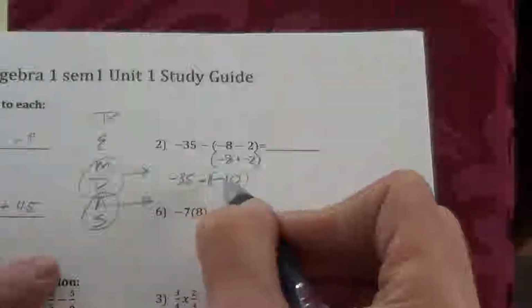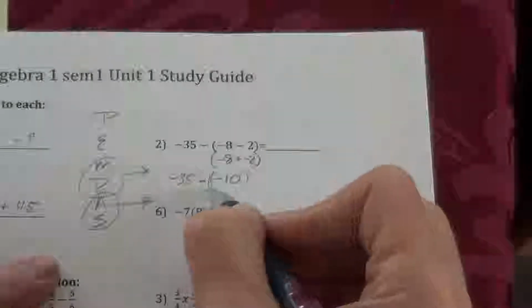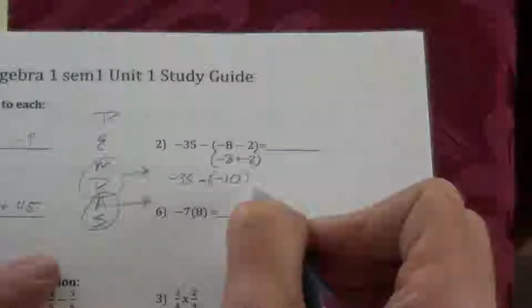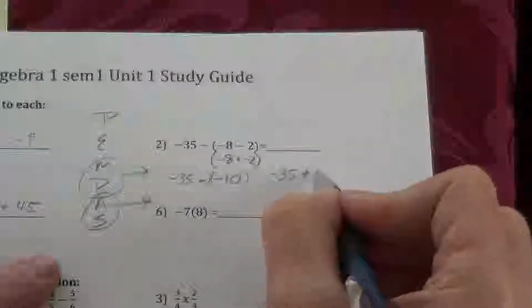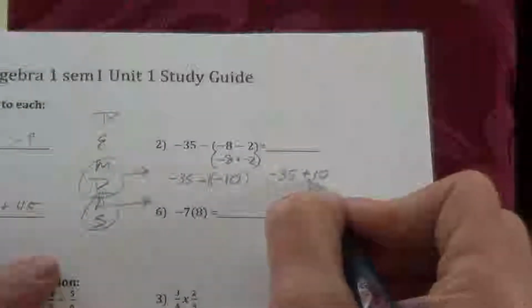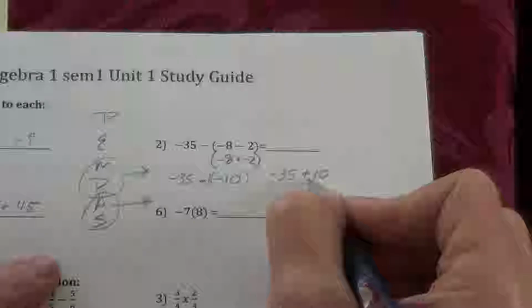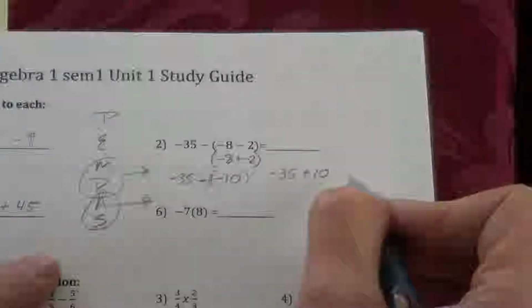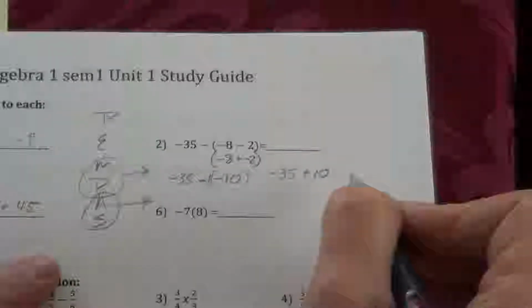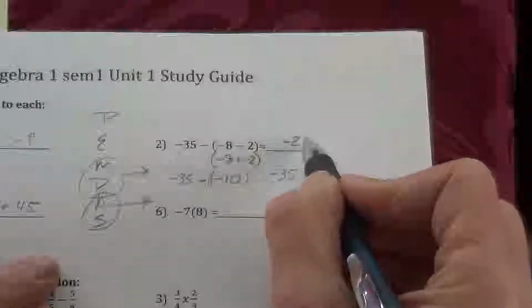This is like a -1 times -10. Order of operations is that we would multiply that first, so it's a -35 plus 10. Signs are opposite when we're adding and subtracting. The signs are opposite, we subtract them, and then we give it the sign farthest from 0, so it's a -25.